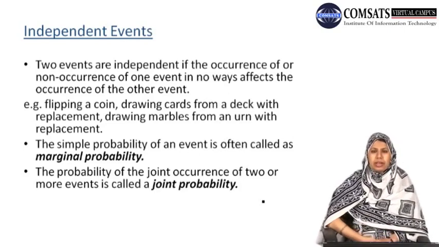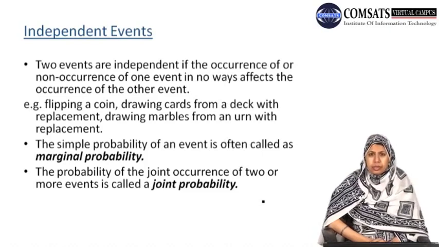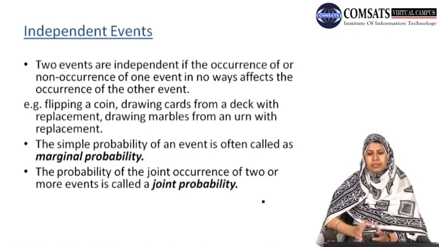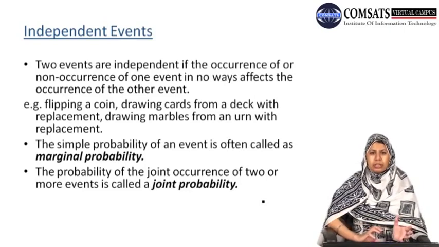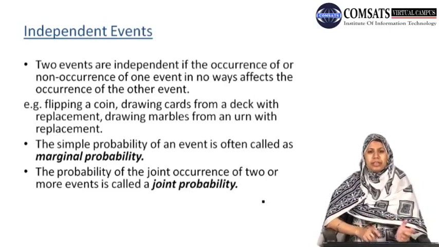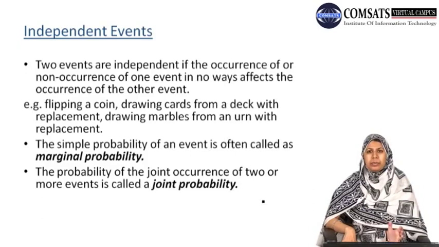Two events are independent if the occurrence or non-occurrence of one event in no way affects the occurrence of the other event. That is, if one event occurs or does not occur, it does not affect whether the second event will occur or not.